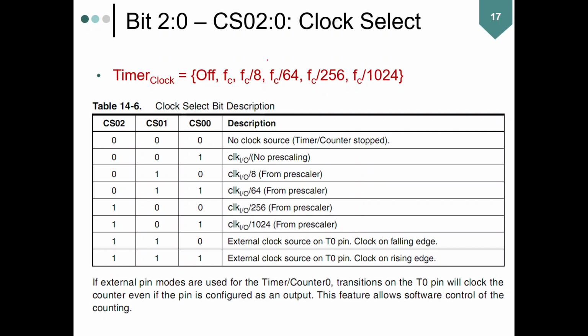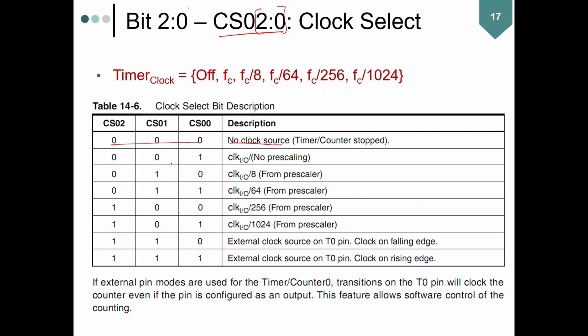Right now, the last 3 bits, which are CS0, clock select 0 to 2. We have seen that you could select the clock from 2 sources, either an external one or an internal one with the prescaler. So these 3 bits determine what is going to happen with the input clock. If it is all zeros, then there is no clock source, and it means the timer is in hibernate mode. It's not doing anything.